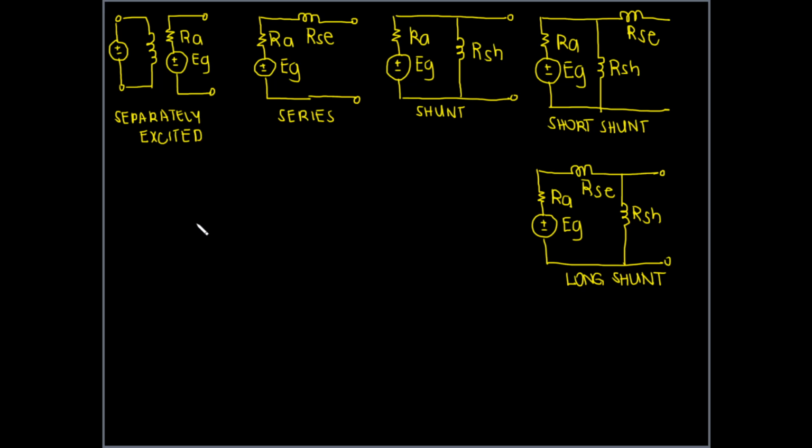So we will not be writing all the equations anymore because that's going to be pointless. We did that already in the classroom, and secondly, there is no point in memorizing those equations.